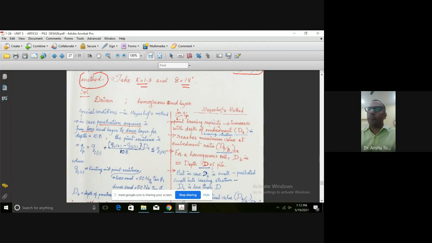So for Meyerhoff's methods, QP, that is the point bearing resistance, increases with depth of embedment, dB, in bearing stratum, and reaches maximum value at embedment ratio D upon B critical, as we have seen yesterday also. So we have to initially find out D upon B critical.